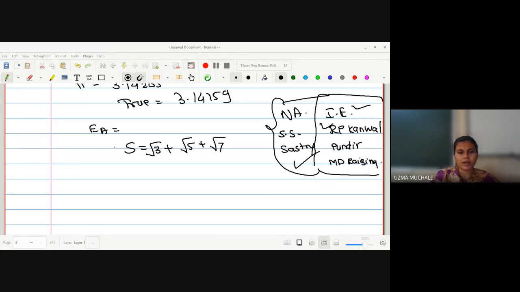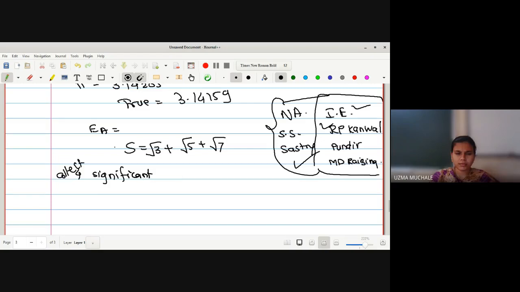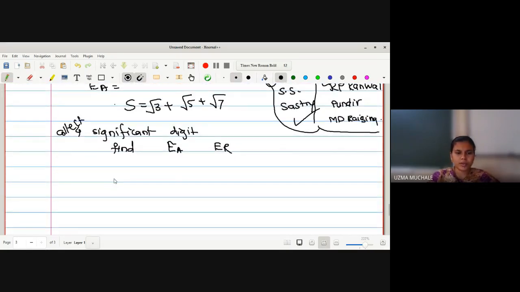Correct the result to 4 significant digits and find its absolute error and relative error. Okay. So what you have to do first, we have to find out the value of root 3, root 5, root 7.